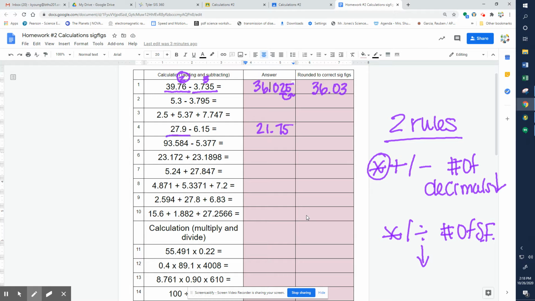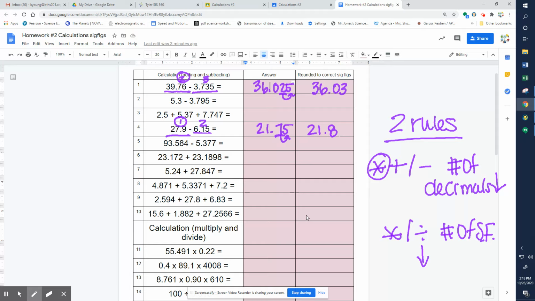Our first number has 1 decimal place. Our second number has 2 decimal places. 1 is lower than 2, so we're going to round to our first decimal place. When I look behind, it's going to round up. 21.8 is our correct answer. That is rounded to the correct number of sig figs.